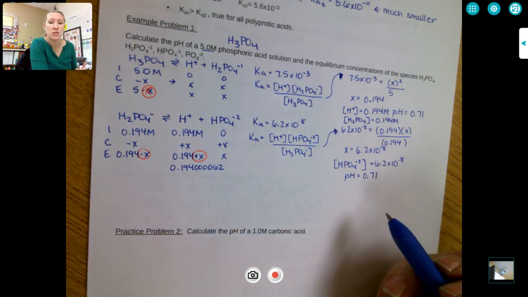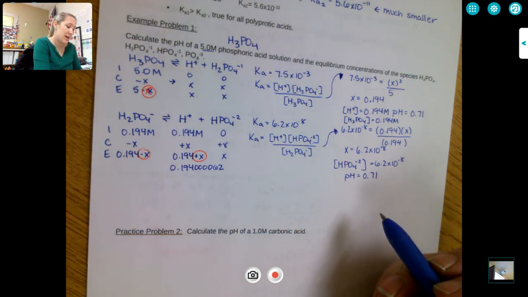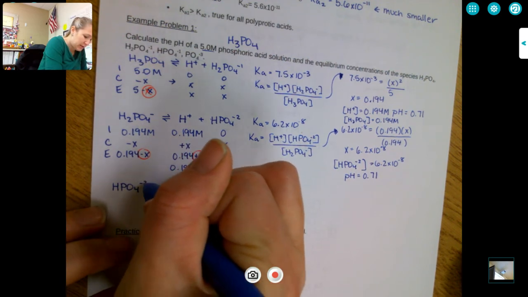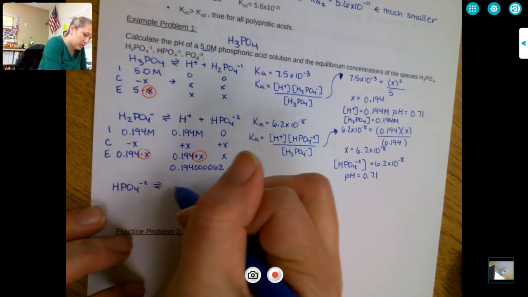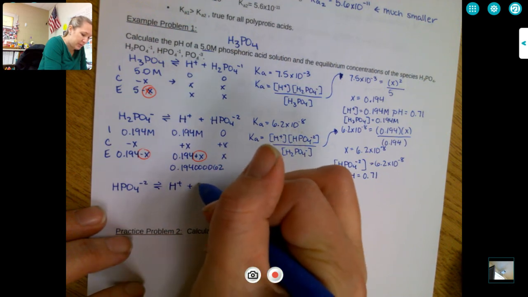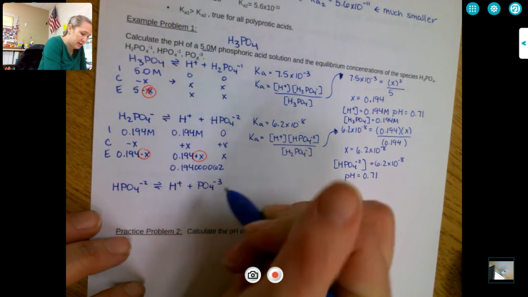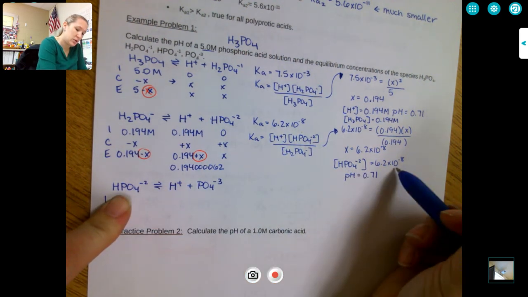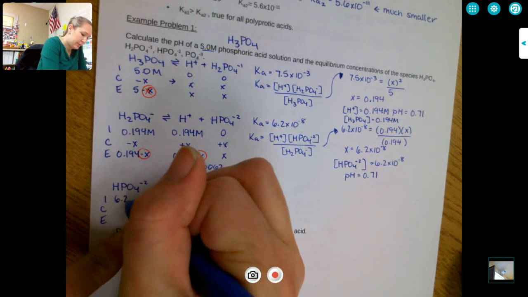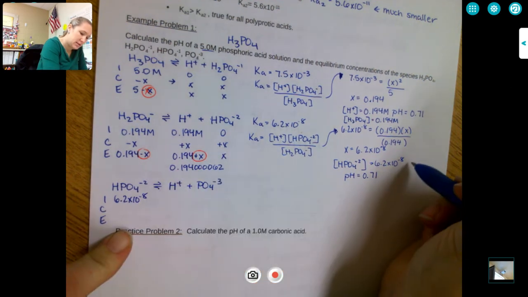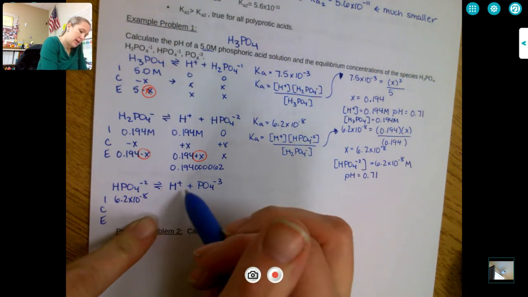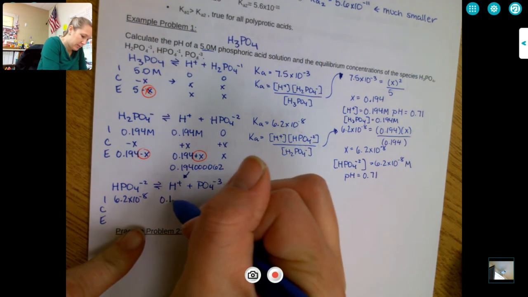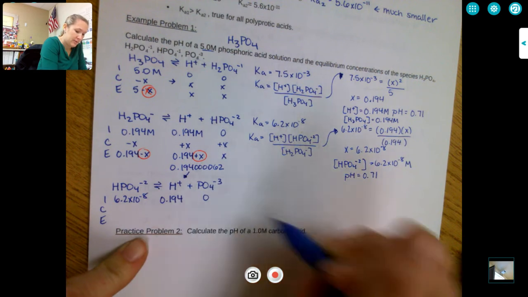Let's see, does that third hydrogen ion coming off make any other impact? So HPO4 minus 2 is going to lose its last hydrogen ion and then just become a phosphate ion. We have HPO4 solution at 6.2 times 10 to the negative 8. That needs units. And then my hydrogen ion solution is this guy still here, 0.194, and nothing here.